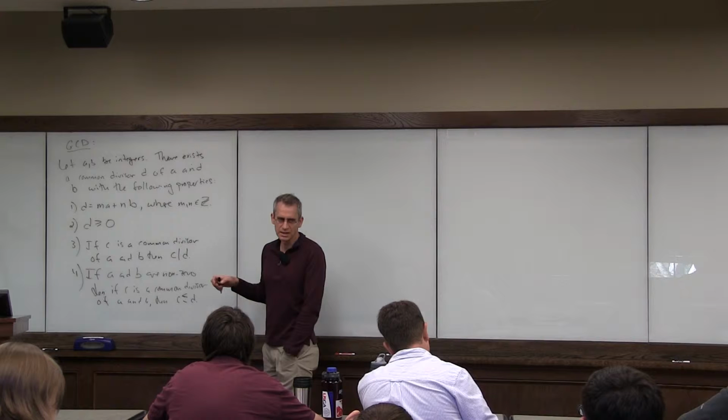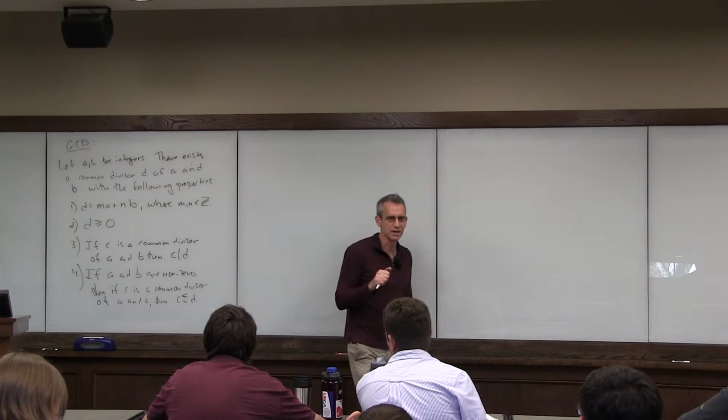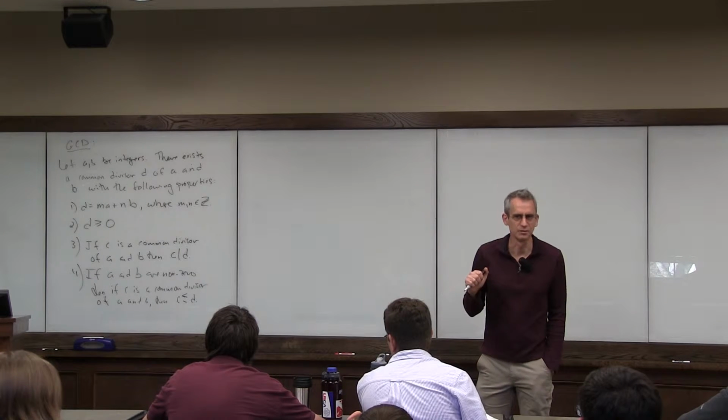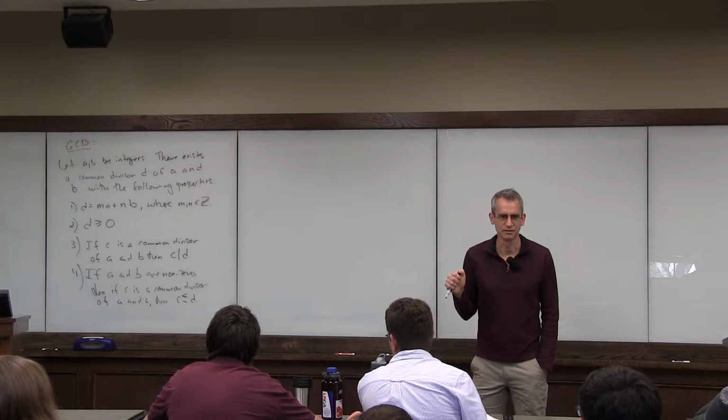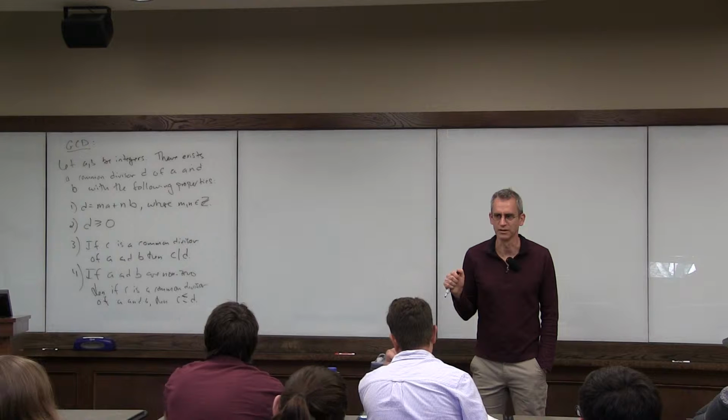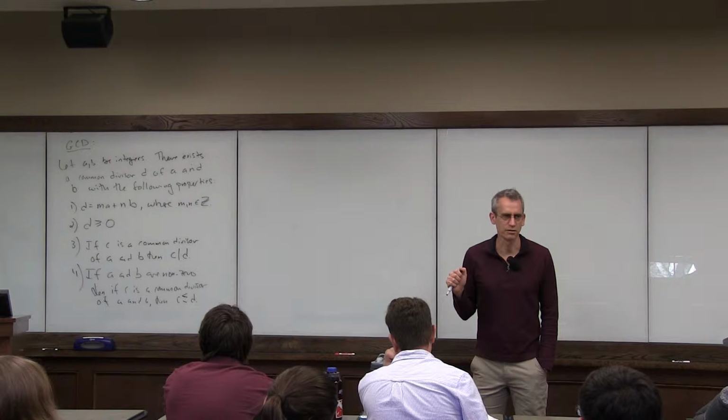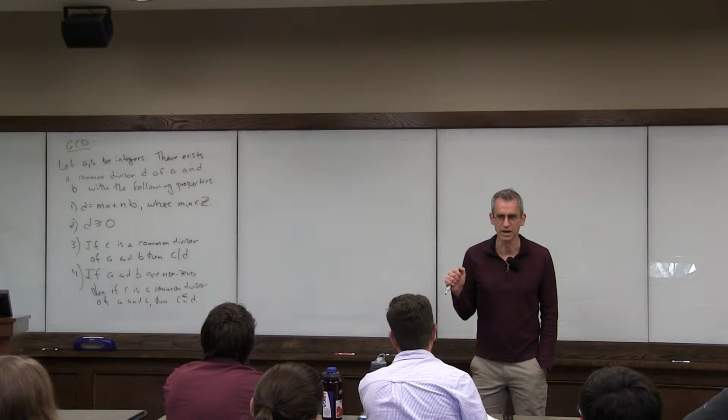So why do we need that? Now that you know we need that, can anybody tell me why we need that? It's kind of a little subtle point. What are the divisors of 0? Anything.